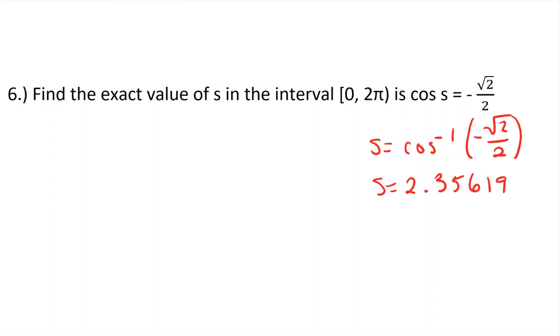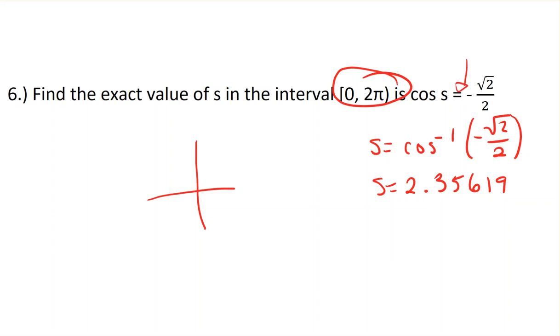And you get this angle measurement in radians of 2.35619. Now, here's the problem with this one. It says it's across the interval 0 to 2 pi. So it's the entire circle. And if you think about it, that means we should have two angles that have the exact same value. Remember how we talked about how they repeat some values sometimes.